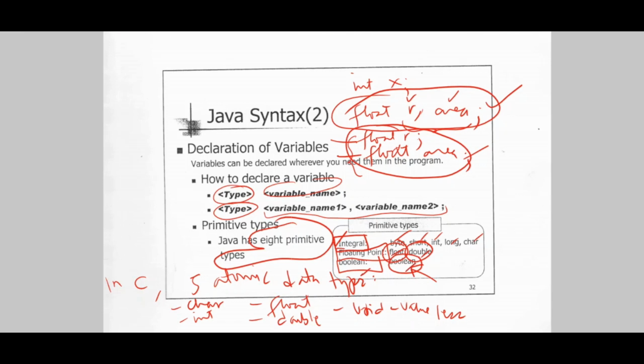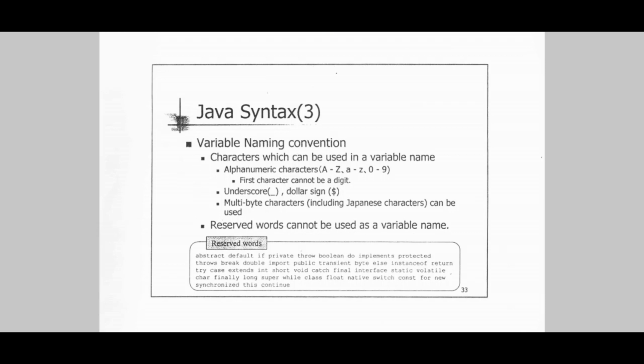For the variable naming convention, you can use characters for the variable name. For characters, you can use the alphanumeric characters, referring to the uppercase letters of the alphabet, the lowercase letters of the alphabet, and the 10 numeric digits from 0 up to 9.